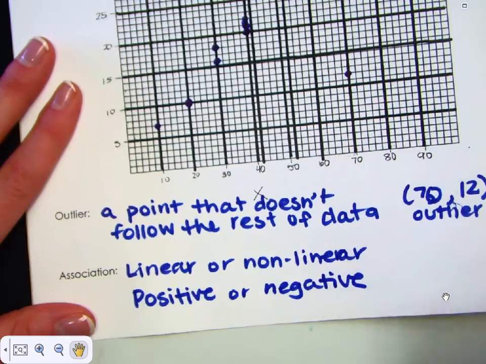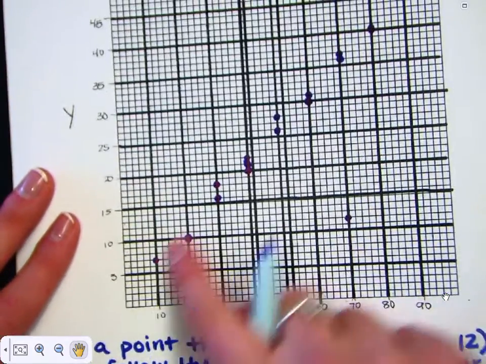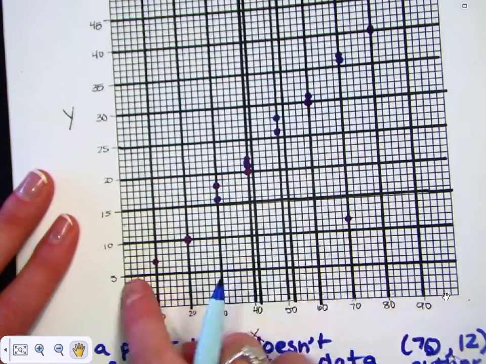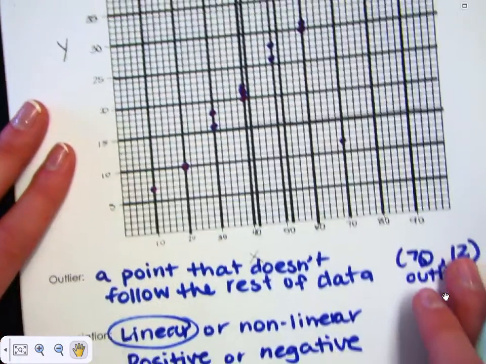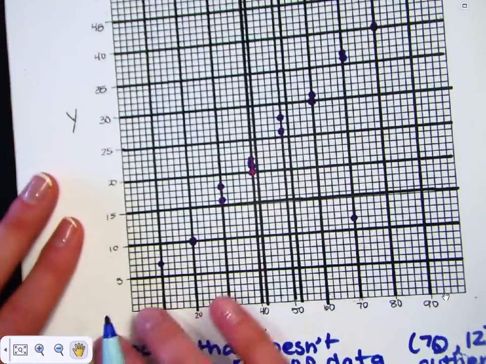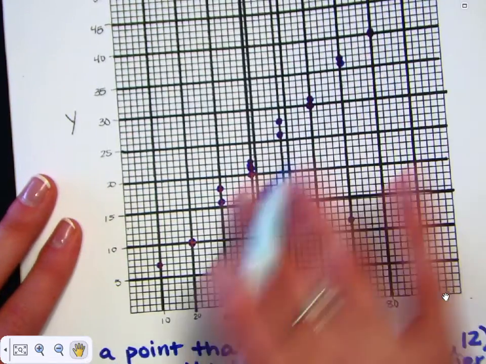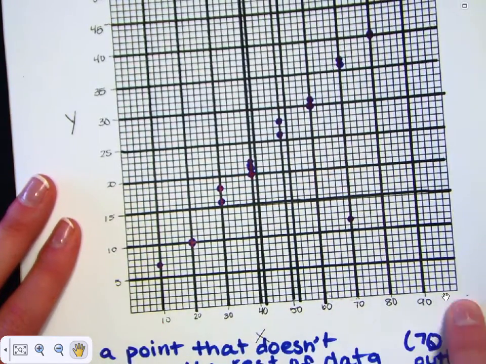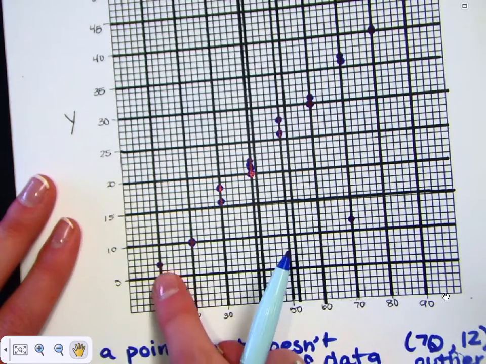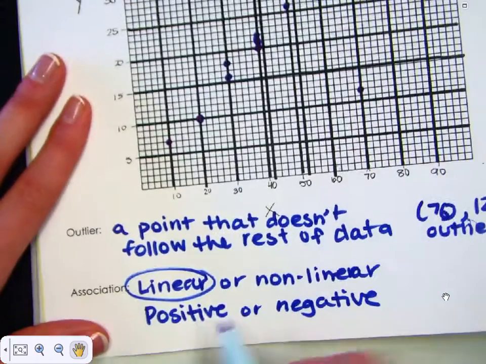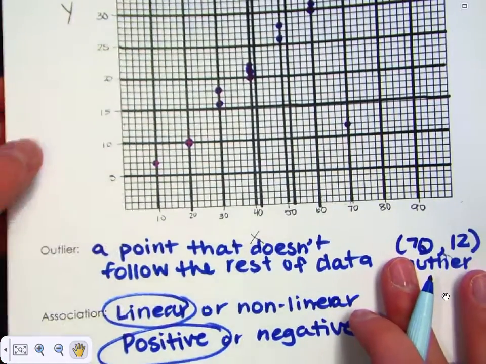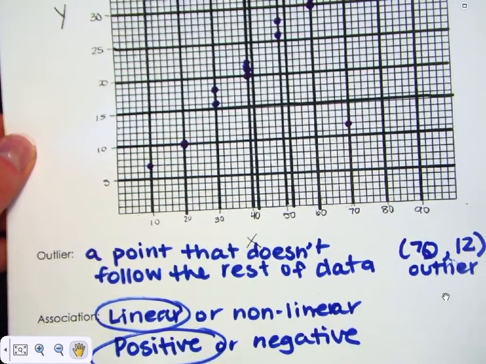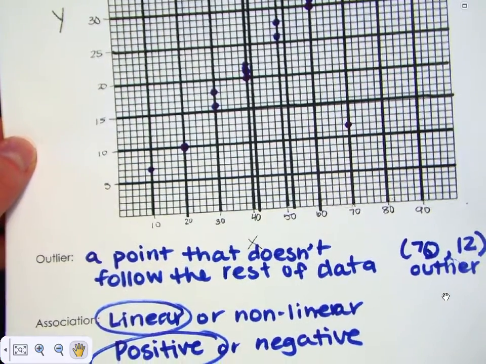In this data set, this is a linear relationship because it looks like the points are going in a straight line. And this also has a positive association, because as X is increasing, so is Y. So my X's are increasing and Y's are increasing, so this is also positive. Okay? So that's what association is, especially for this graph.